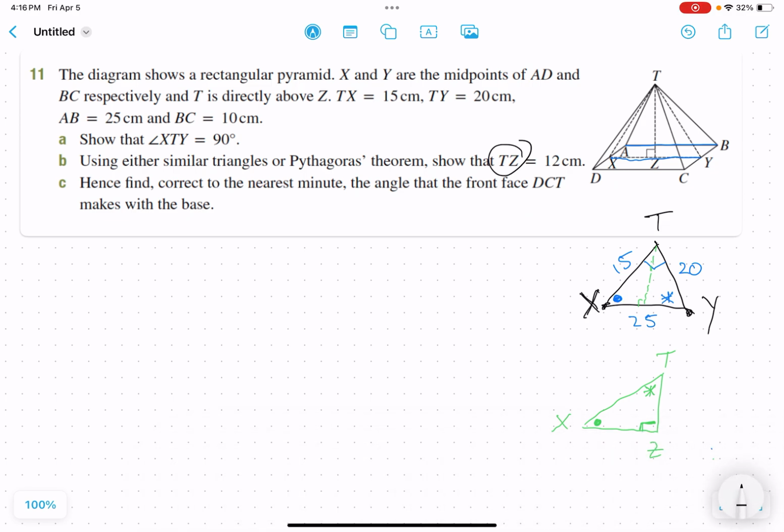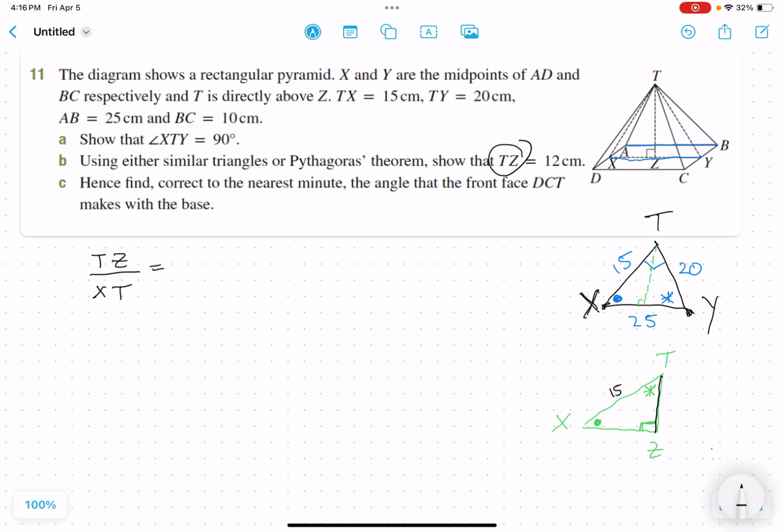TZ is this side here, and that's what I'm looking for. What side do we know? This side here, XT, is 15, so let's go on XT. TZ to XT should be in the same ratio because these are similar triangles.